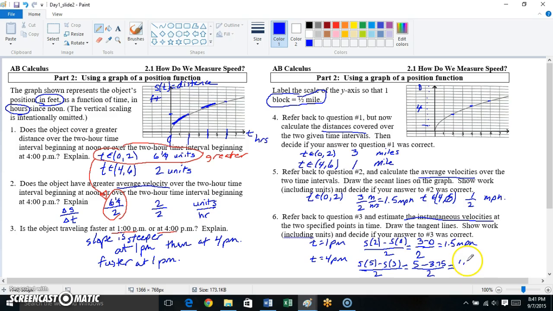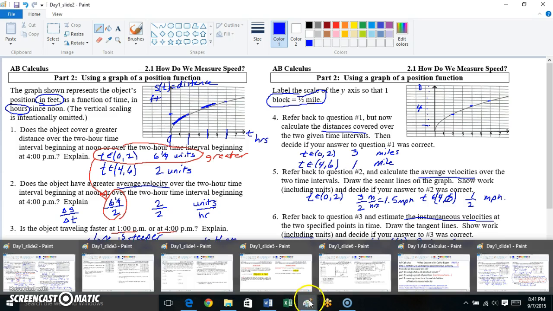So we're going to have 1.25 miles over 2 hours, which is 0.625 miles per hour. Okay, so the only way to find an instantaneous rate of change from a table or a graph is to use an average rate of change as our estimate.